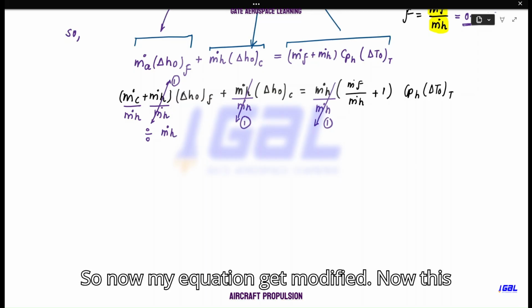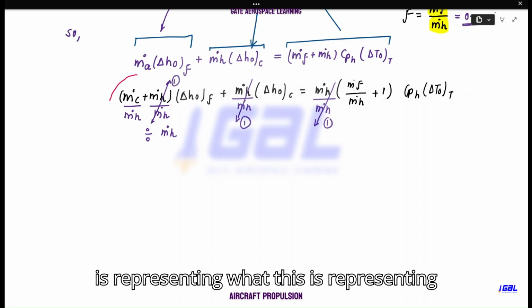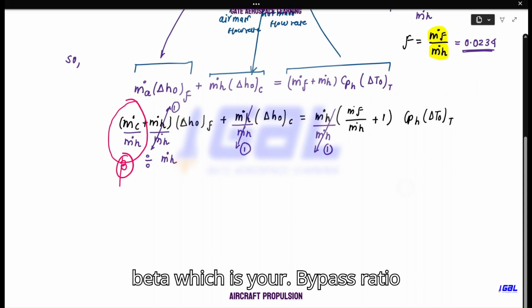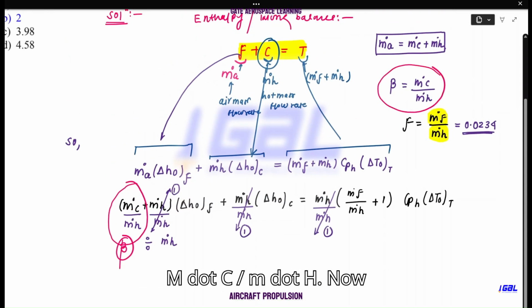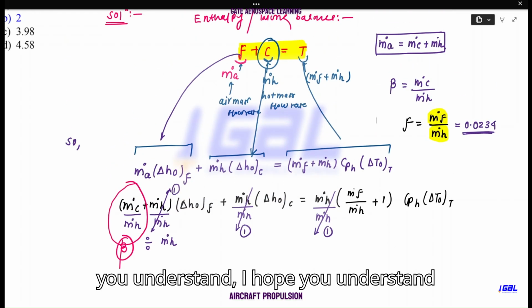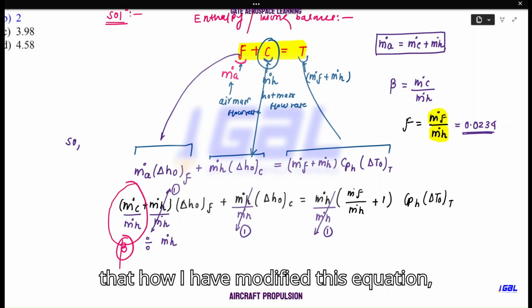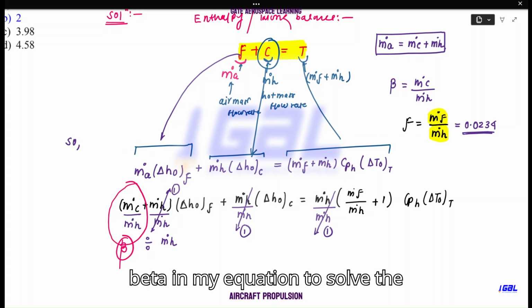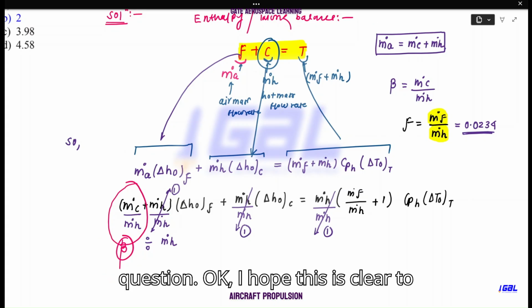So now my equation gets modified. Now this is representing beta, which is your bypass ratio, m dot c divided by m dot h. I hope you understand how I have modified this equation to have a term beta in my equation to solve the question. Okay, I hope this is clear to you.